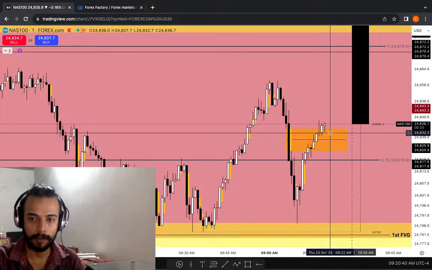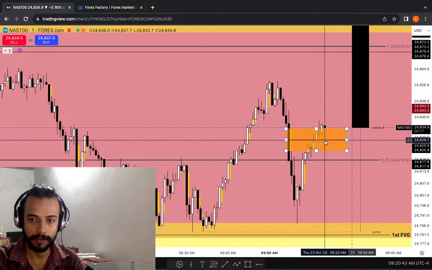Now I don't want bodies of candle to close below this, which is the midpoint of this gap.